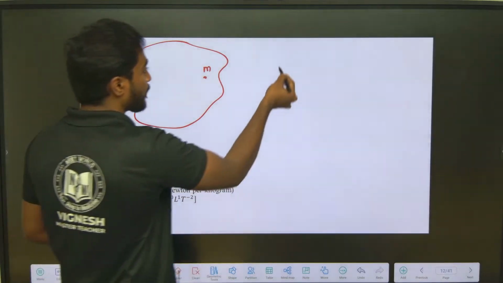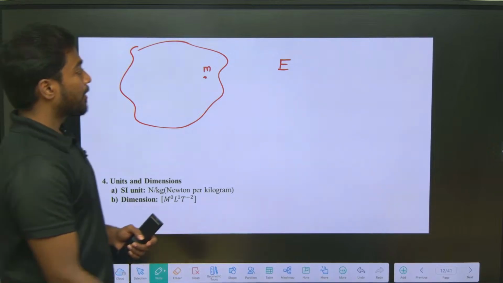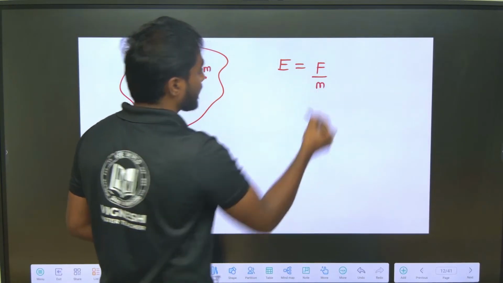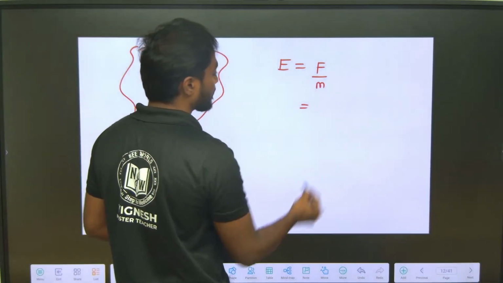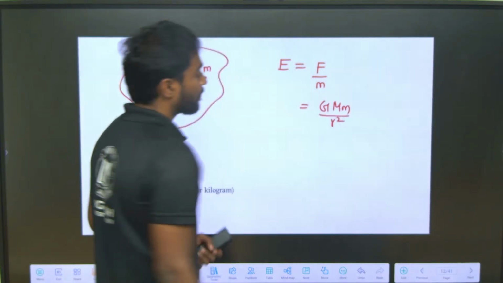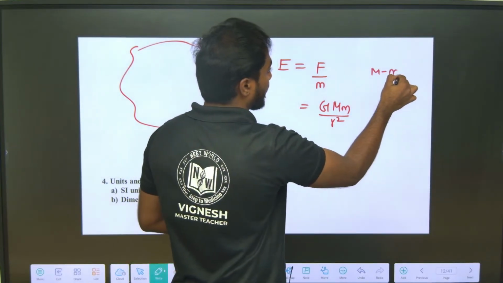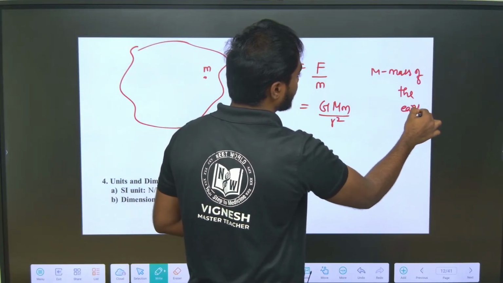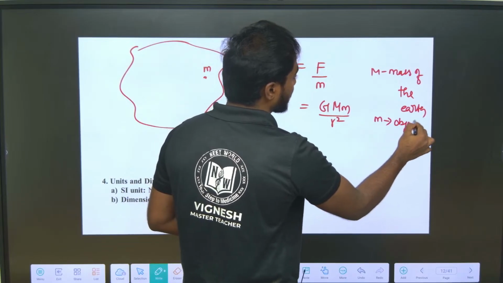So the gravitational field is denoted by the letter E, and the formula is F by the point mass m. So what is F here? F is nothing but G capital M small m by r square, where capital M is the mass of the earth, and small m is the mass of the object.